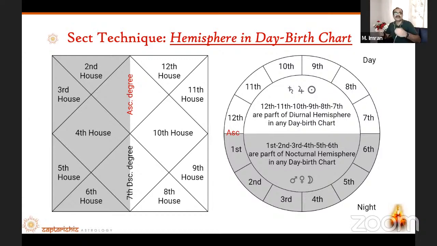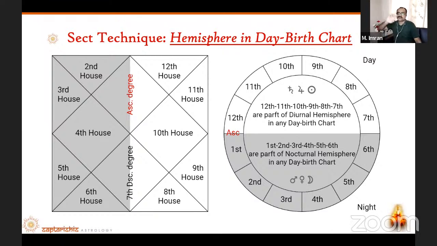So the Moon is somewhat benefic, especially if it is bright or Pakshbala. But for a daytime birth, the Moon is somewhat less benefic, right? More like a functional malefic. Functional malefic is not a good word, but I'm just using it for the ease of our audience.